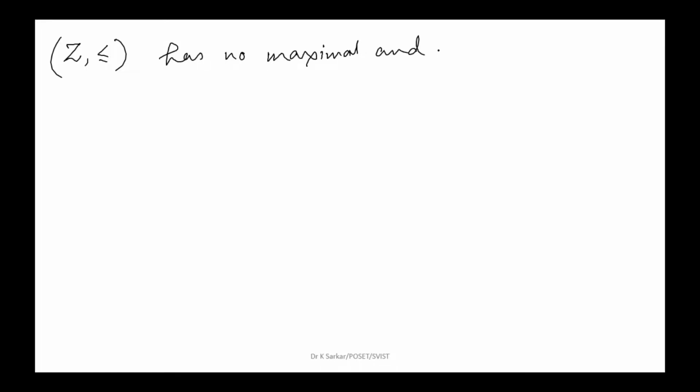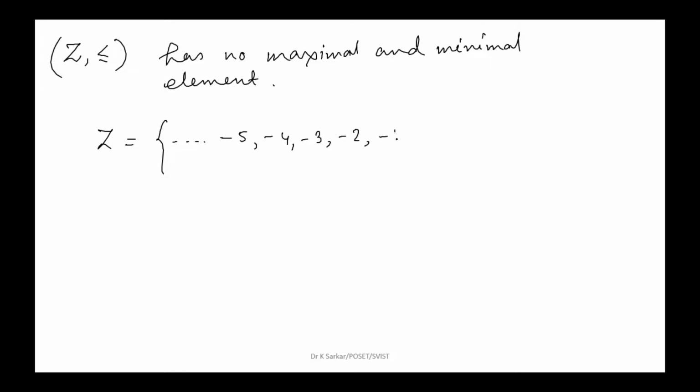We know Z equals, say, -5, -4, -3, -2, -1, 0, 1, 2, 3, 4, 5, and so on.